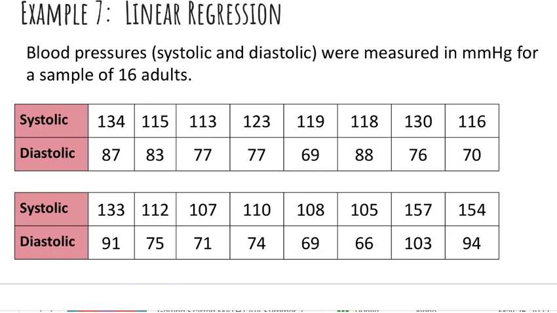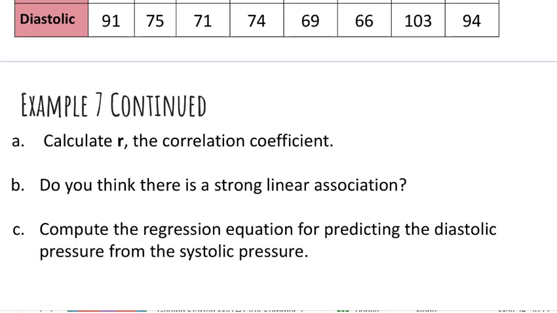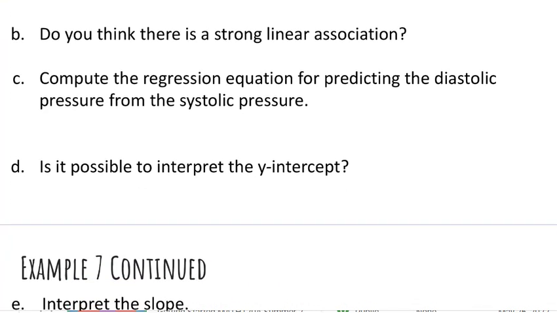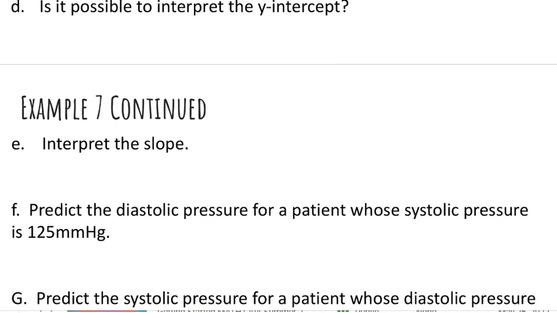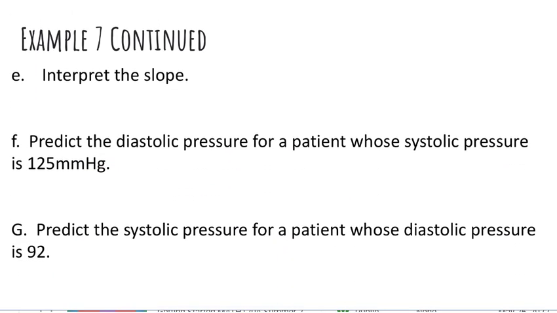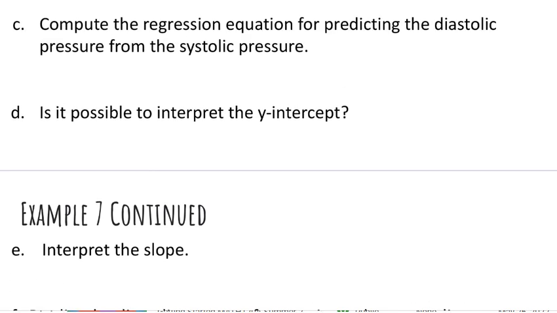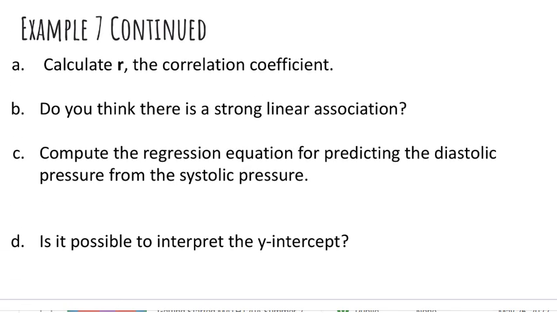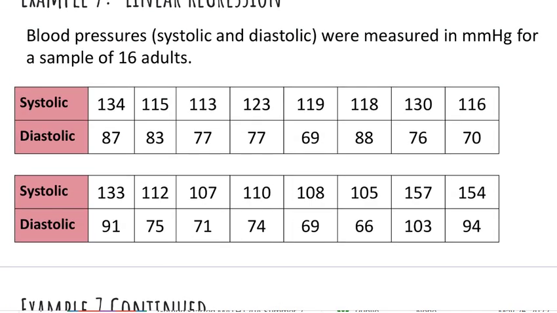You're going to put in 16 points, and then calculate the R and the regression equation. You're going to try to interpret the Y-intercept as well as the slope, and then do a couple predictions. So again, hopefully you're following along with the blank notes that I have provided for you on Blackboard. But definitely try this problem. You can pause the video, try this problem, and then come back and check your answers.